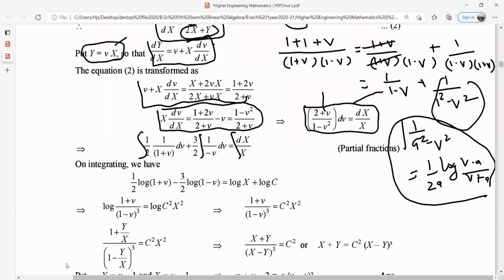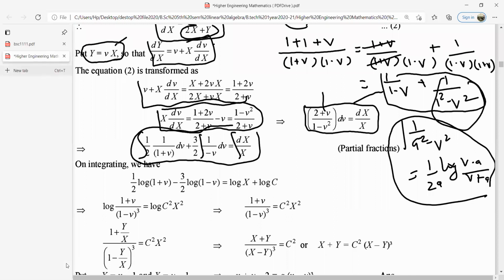This is the log of 1 minus v, but here there is some mistake, if you see here, because if you simplify, this expression can be written in this manner. So after that you have to use this process. So I am solving this process here.